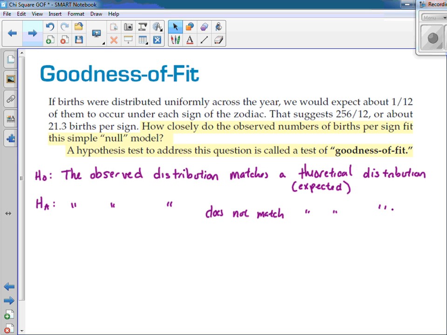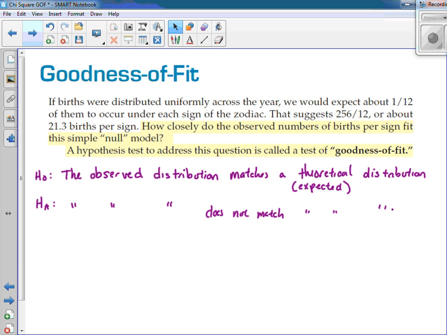Now, we're going to do a lab today in class with M&Ms, and we'll talk through this. But if we're thinking about a hypothesis test, the first thing we do is talk about hypotheses. For a goodness of fit test, we're making sure the observed distribution matches a theoretical or expected distribution.